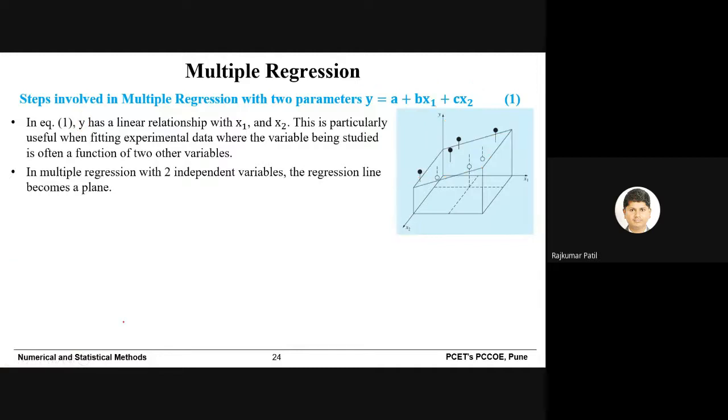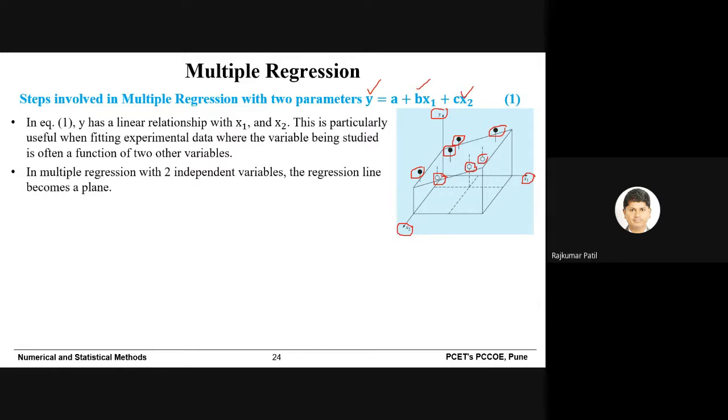It means you will have three coordinates y, x1 and x2, and by using the data points, you need to plot these points. Each point will have three coordinates, one in y direction, one in x1 direction, and one in x2 direction. So we plot these points, and for these points we draw a plane, not a straight line.